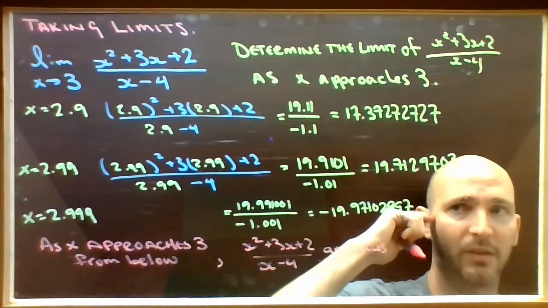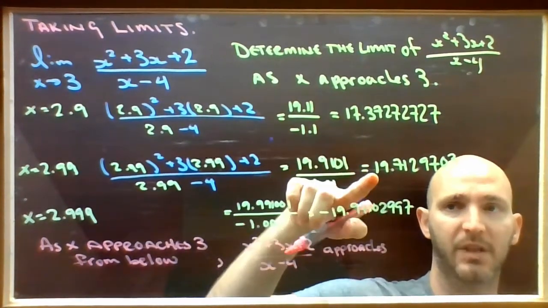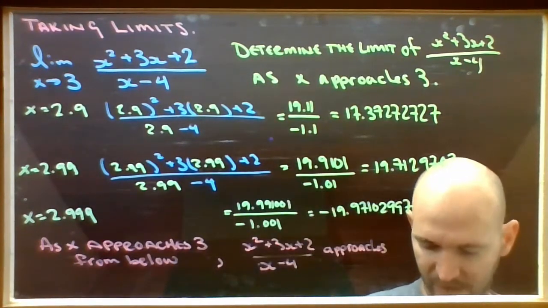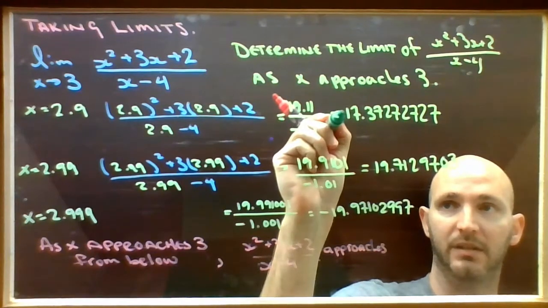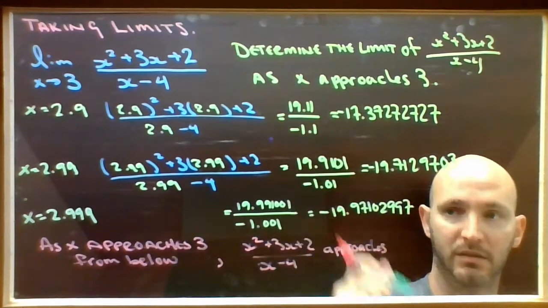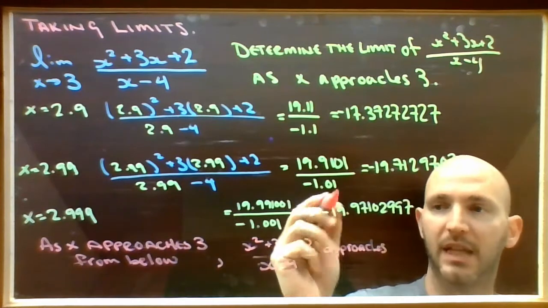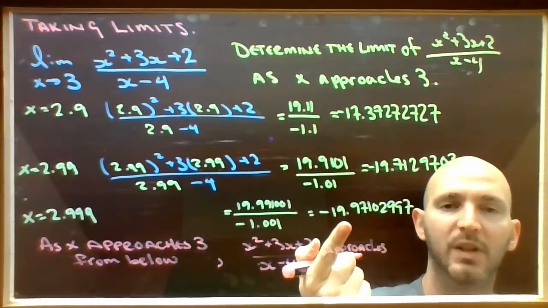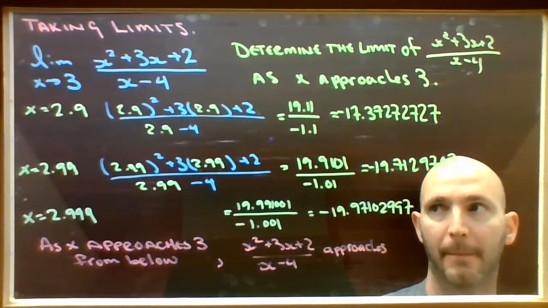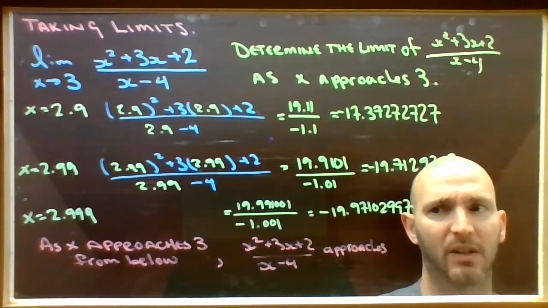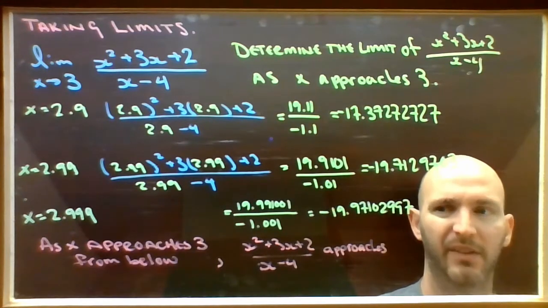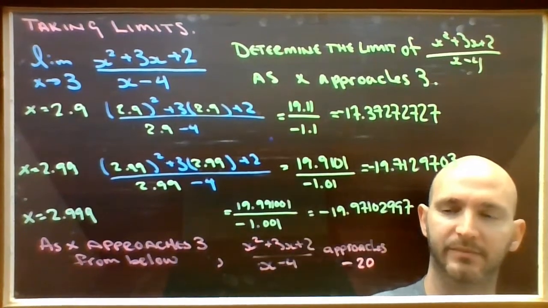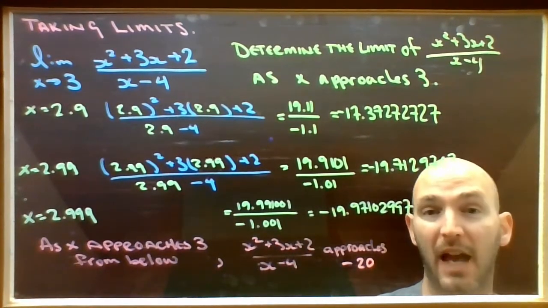I had a number, it was 17, and then 17 became 19.7, and then 19.7 became, oh, those should also be negative. Became negative 19.97. So what does it look like this is getting closer to? To me, it looks like it's getting closer and closer to 20. So I'm just going to pop that down there. Approaches negative 20. Because that's what the pattern looks like to me.